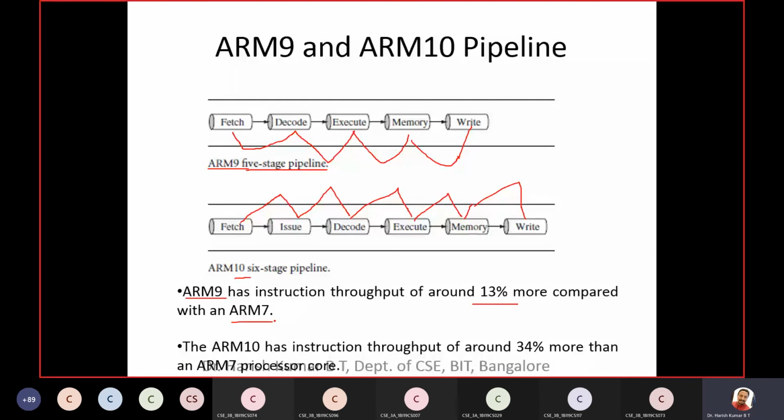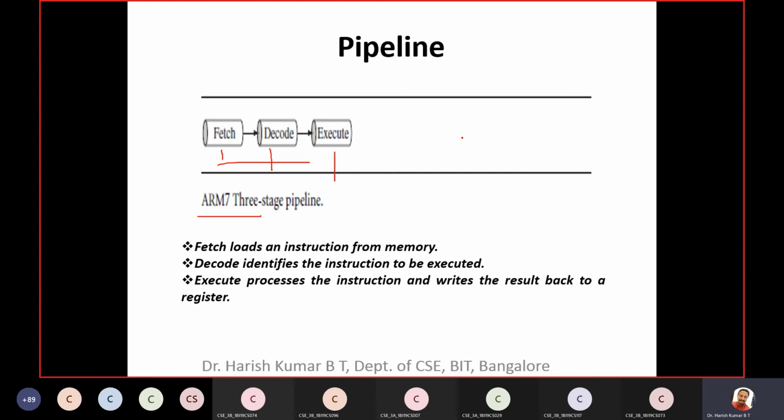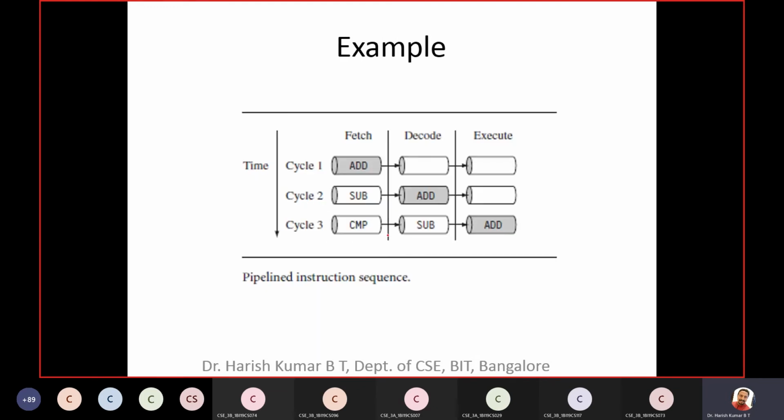How much work you're able to do in a second. If you take the ARM9 processor, it can do 13% more work than the ARM7 processor in a second. Why? Because it has more pipeline stages. In ARM7, the maximum overlapping you can do is only 3.